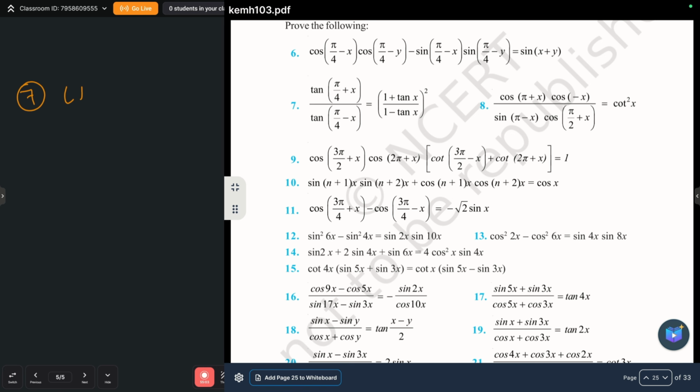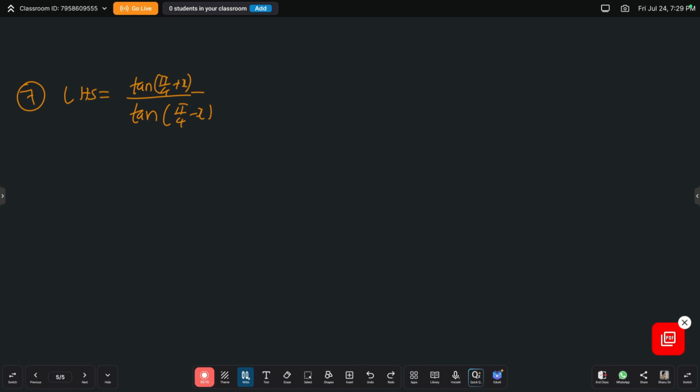Let me write the LHS first: tan of pi by 4 plus x. You can see the tan a plus b form is applicable in the numerator part and tan a minus b in the denominator. Now you know tan a plus b and tan a minus b, just solve.